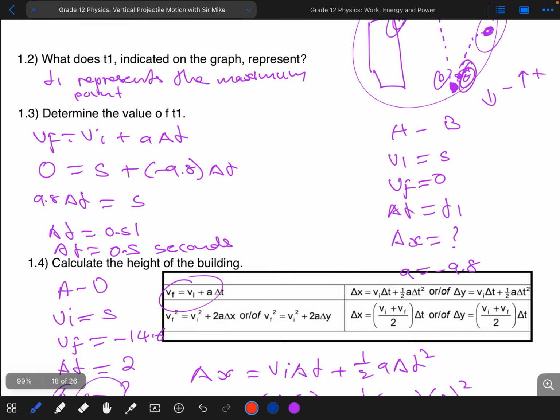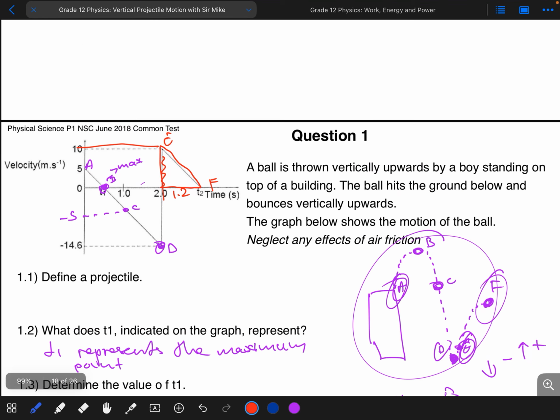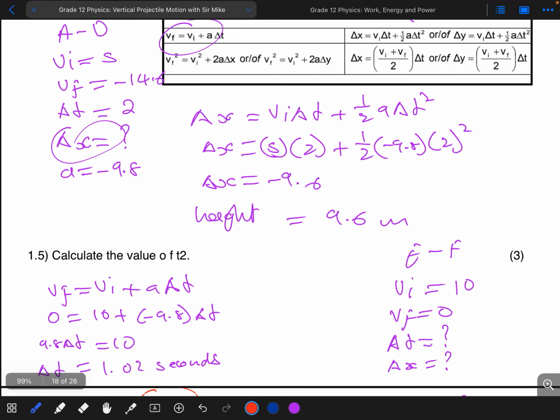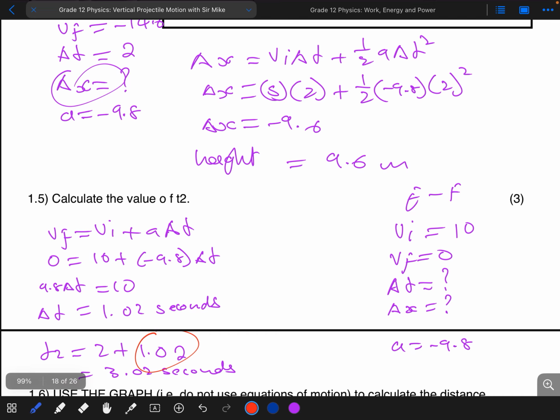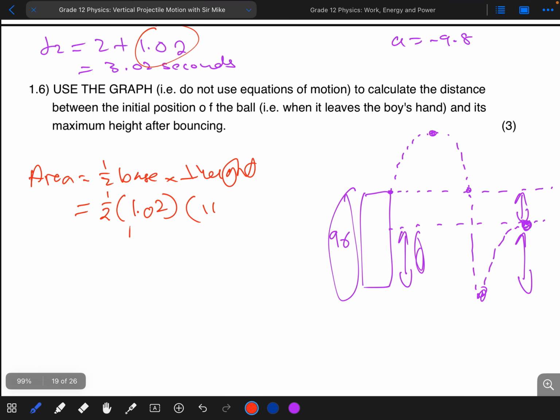We said that would be 10. You put that into your calculator and it would simply be 5.1.